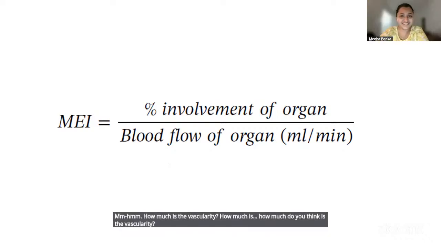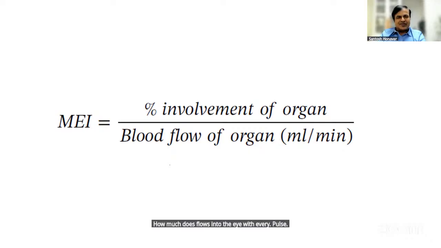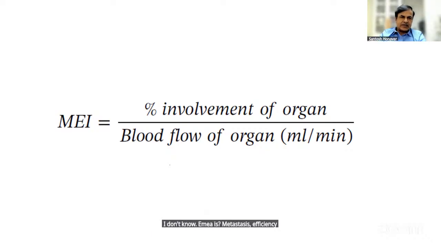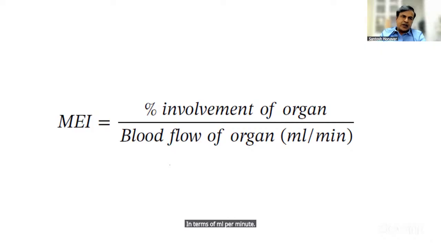How much blood flows into the eye with every pulse? I don't know. You don't know. MEI is the metastasis efficiency index. It's the rough percentage of involvement of a specific organ divided by blood flow to the organ in terms of ml per minute, right?